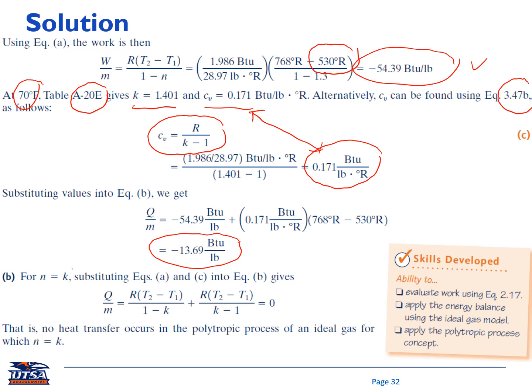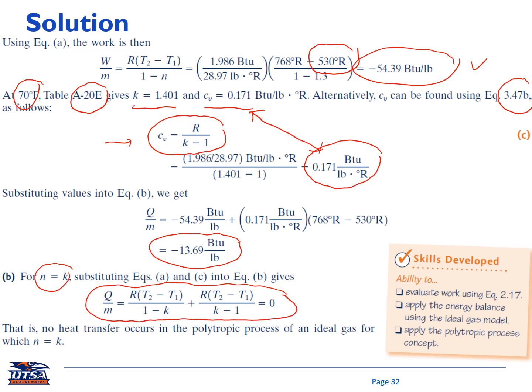B here, n equal to k, the specific heat ratio. And then if we substitute equation A and C, we can see equation C here, equation A is in the previous slide, then you will get this one. See there, it's showing something interesting.